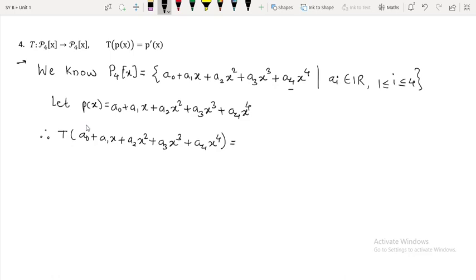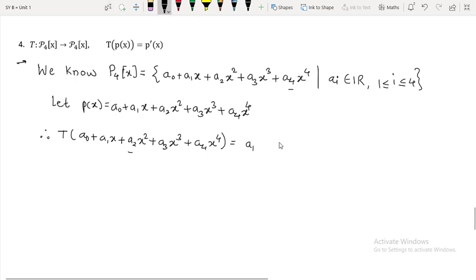what is the derivative of this polynomial? The derivative of a0 is 0. The derivative of a1x is a1. Over here it will be twice a2x, over here thrice a3x square, and so on. So I will write it down.